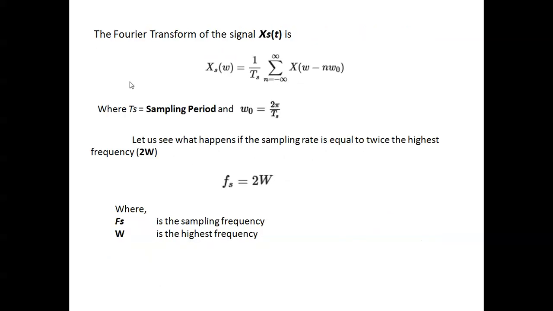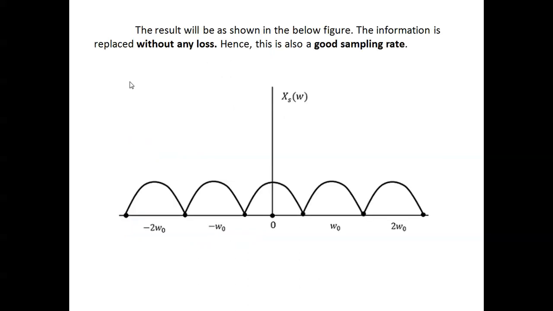The second equation, I just now said Fs is equal to 2W. If the sampling frequency is equal to twice the frequency, what will happen? For example, this is the sampling graph. It starts perfectly, the results are shown in the figure, and information is not lost.